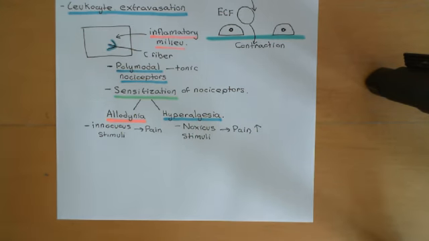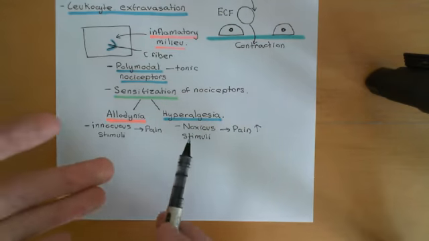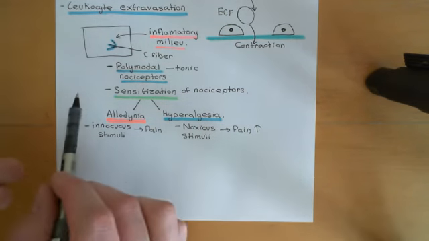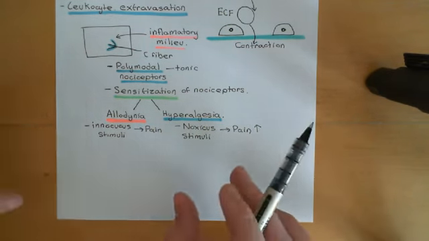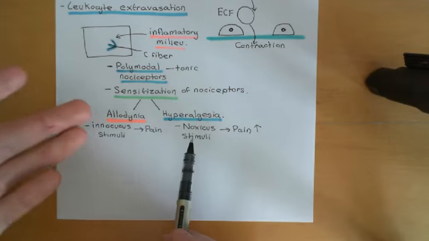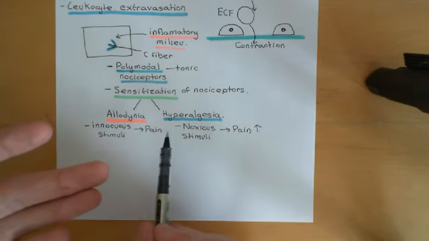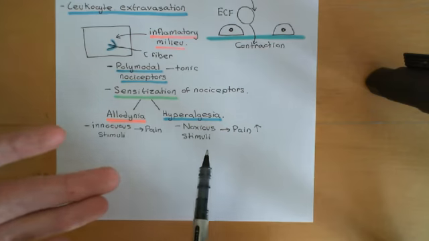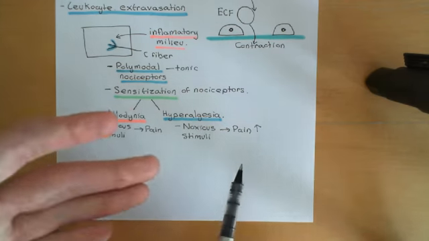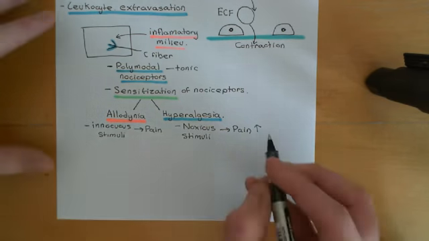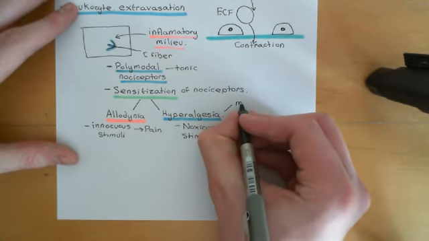This means that if you expose this inflamed area to noxious stimuli, let's say a noxious mechanical stimulus, it's going to hurt much more than it would have previously. That will be called mechanical hyperalgesia.